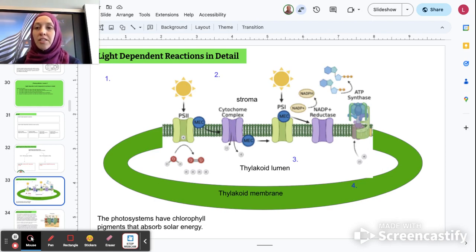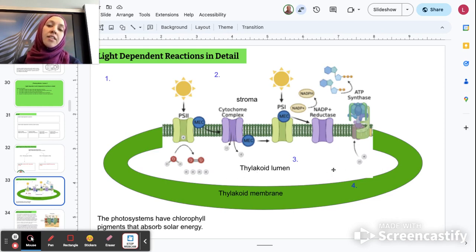Okay, so let me just recap this again. My electrons that were given to photosystem 2 by water are energized by solar energy absorbed by chlorophyll. These electrons are then passed down the membrane, and their energy is used to pump hydrogens inside the thylakoid lumen.